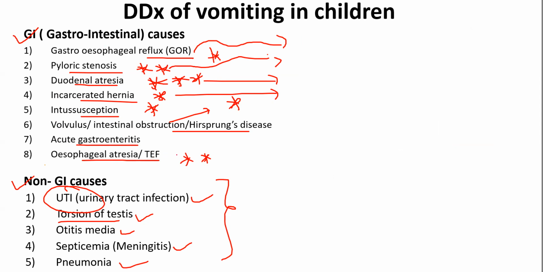Gastro we asked. Same with esophageal atresia, nothing much to ask. It will also present within 24 hours after delivery. UTI we asked. Testicular torsion, if the child is 5 or 6 years old and can complain about the pain, then you can ask, is he complaining about any pain in his groin or testes?